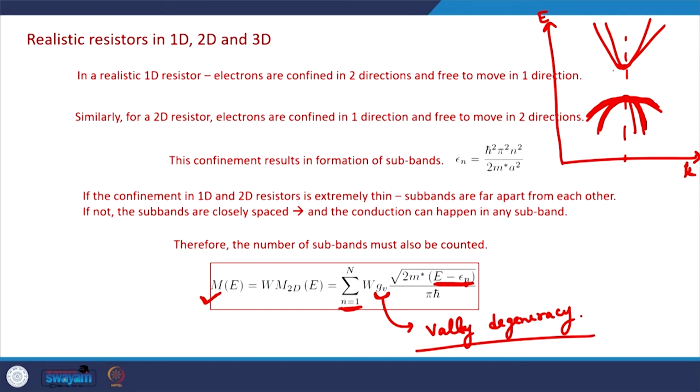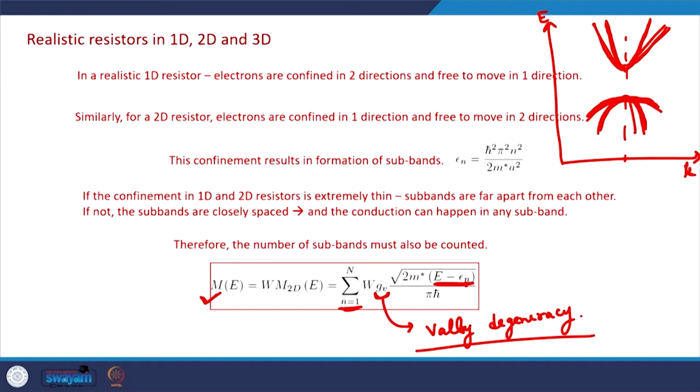So in this case the electron can either follow this curve, or it may sit in this band, or it can also follow this curve. At this energy the electron has two choices for the EK relationship for the wave function, and this introduces another kind of degeneracy that is known as the valley degeneracy, and this is given by GV.